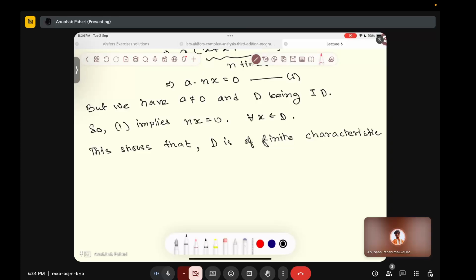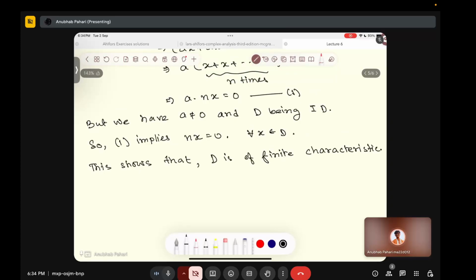Now we can do some problems related to ideals and fields and some homomorphisms.